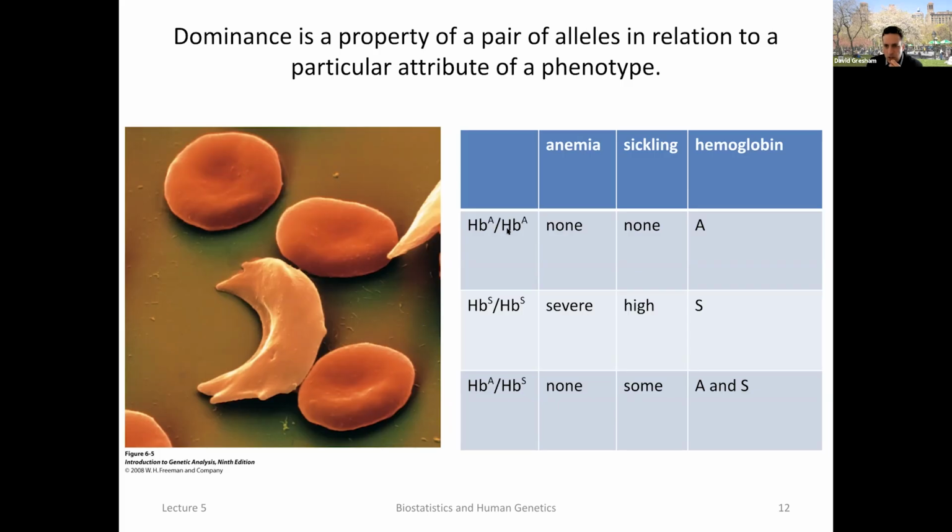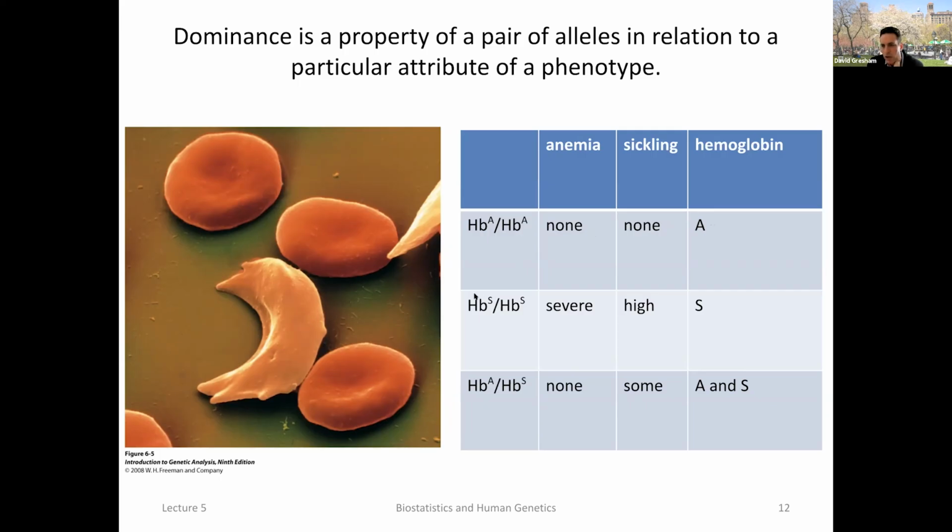So with respect to the normal wild type, the A allele of hemoglobin, those individuals who are homozygous for wild type do not have anemia, do not manifest the sickling cell morphology, and have the A form of the hemoglobin.